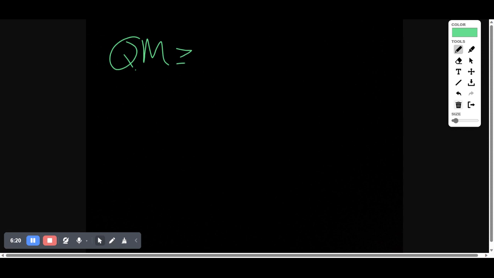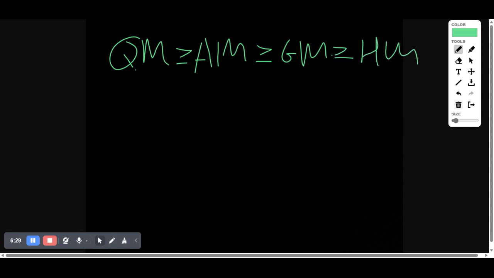Remember at the start of the video, I said QM is greater than or equal to AM is greater than or equal to GM is greater than or equal to HM. This basically says that the quadratic mean, the QM, of any sequence of numbers is greater than or equal to the arithmetic mean, the AM, of the same sequence, which is greater than or equal to the geometric mean, which is greater than or equal to the harmonic mean.